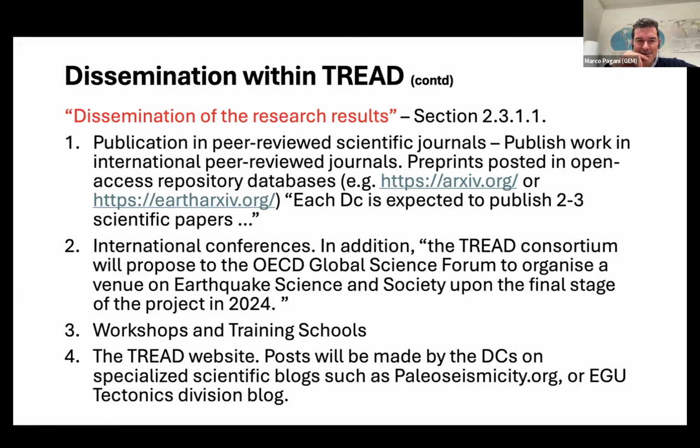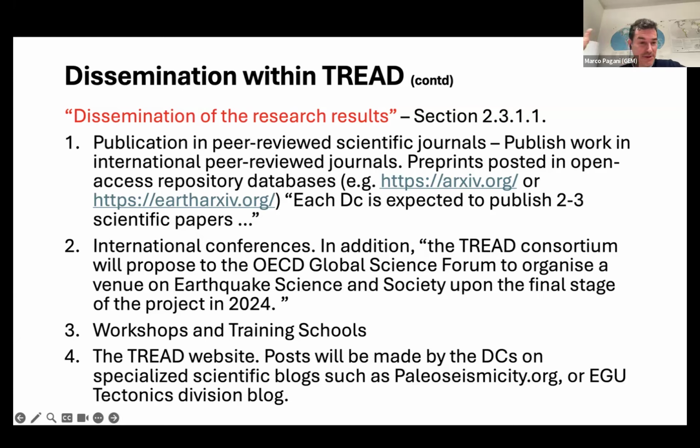In addition, I saw this, which I found particularly interesting: the idea of organizing an event in collaboration with the OECD on earthquake science and society. Of course, this is also, oh, sorry, why is it 2024? Maybe this is something not completely correct that I took from the proposal, but probably the year is not the one in which we want to organize it.